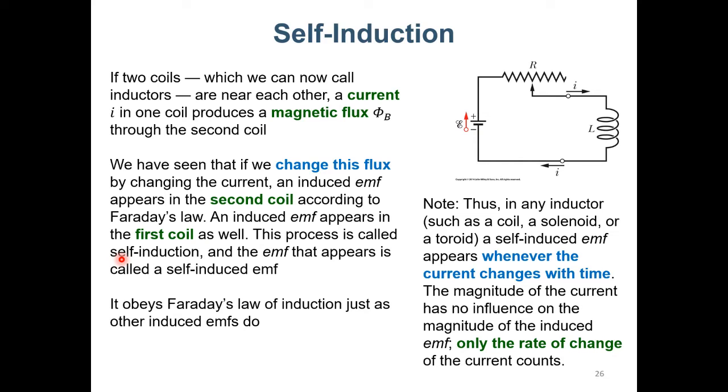So there will be EMF, and this EMF will generate magnetic field. And this magnetic field will change the magnetic flux for the original coil. So this one influences that one, and will generate another EMF for this one. And this is called self-induction.